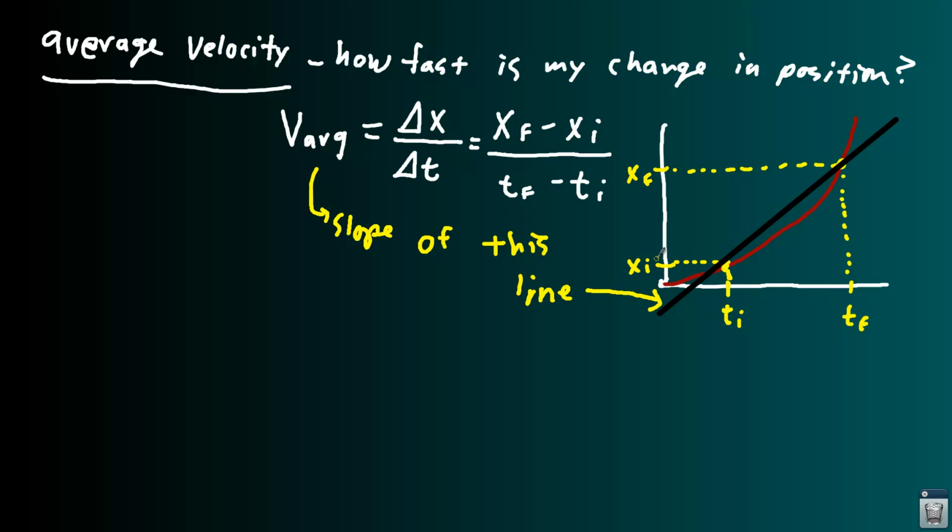The other term I want to talk about was average speed. Speed is different from velocity. Velocity is a vector. It shows you how fast you're going and in what direction. In this case, the direction you're moving is up on this axis, which is typically the y-axis, but this is a term called average speed.